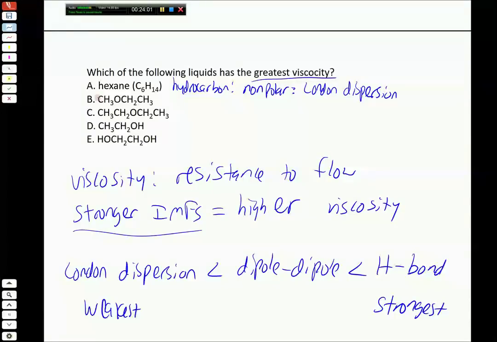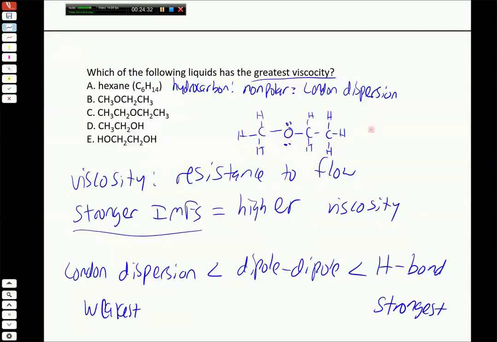Now for the rest of these, if we have B and C, it's not obvious what these look like, but if we draw the structure here for choice B, it looks something like this. And if we fill in the lone pairs, which aren't explicitly shown in the formula, we have 2 lone pairs on oxygen.